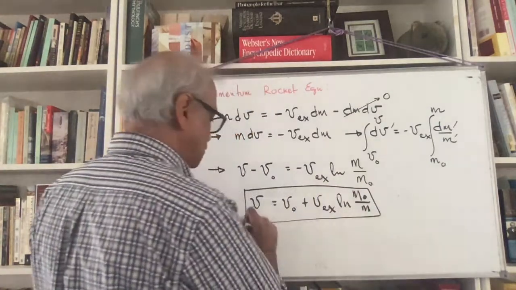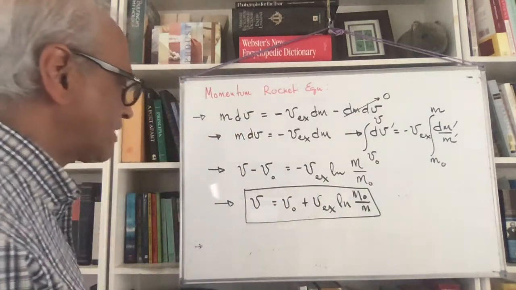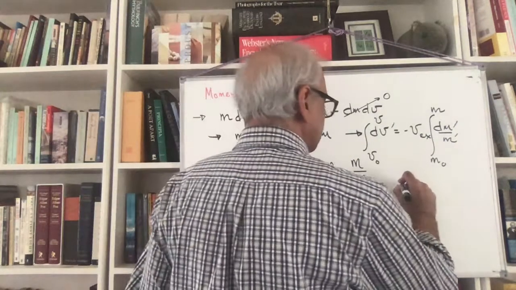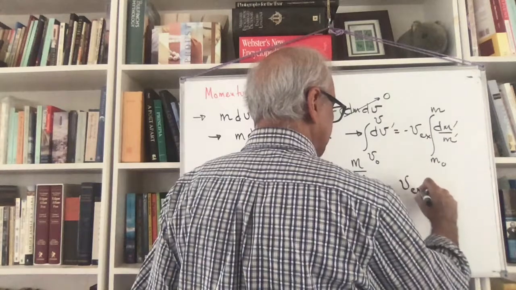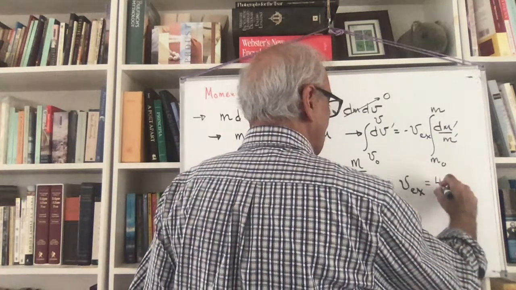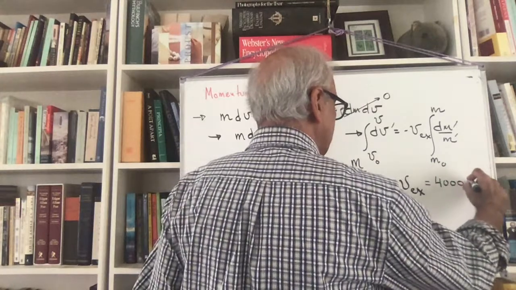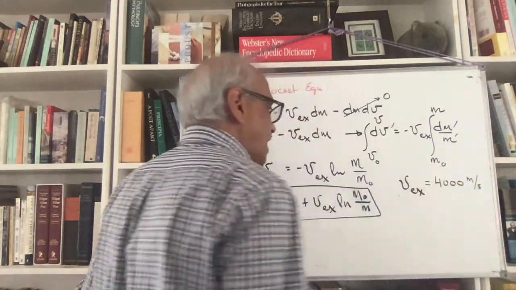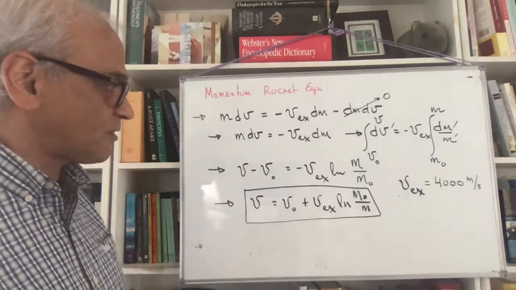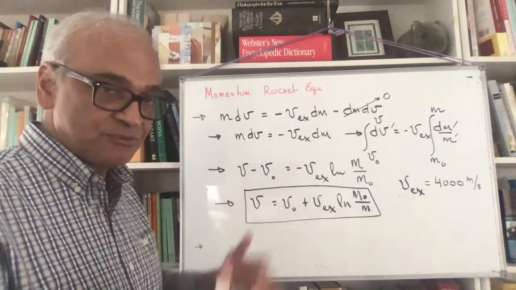And if I want to do a very quick calculation, let's say I'll just make some arbitrary exhaust velocity. Say your exhaust velocity is 4,000 meters per second. You need such high velocity, that's 4 kilometers per second, to make this rocket go anywhere, to get to very high speed.